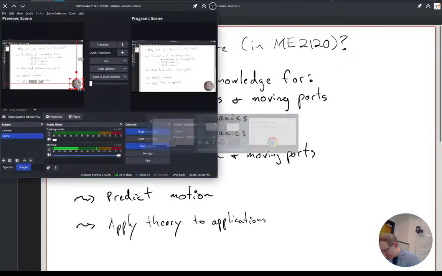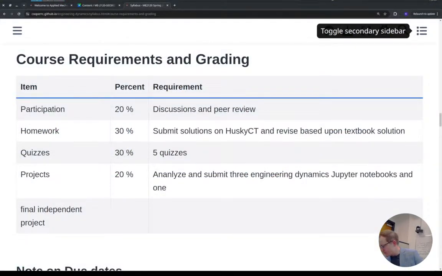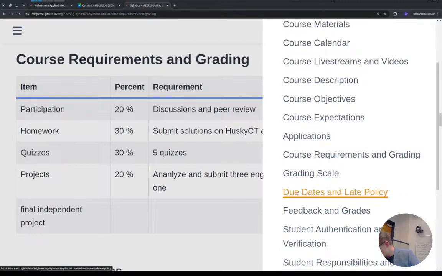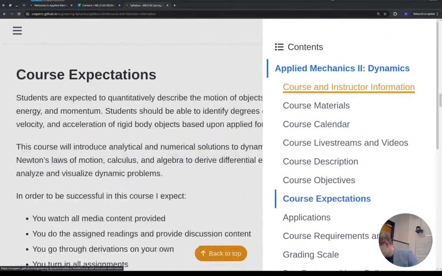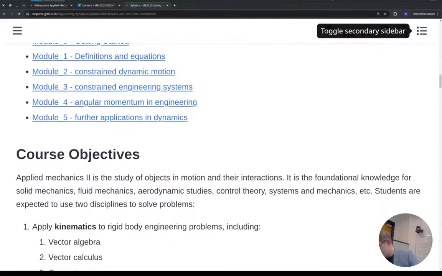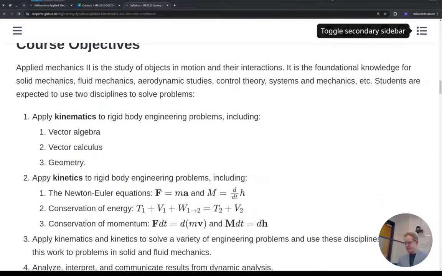Okay, cool. So it sounds like we do want to understand motion, right? So if we're trying to understand motion, there's two parts to it: kinematics and kinetics. There's some stuff written up here, and you're welcome to read it.